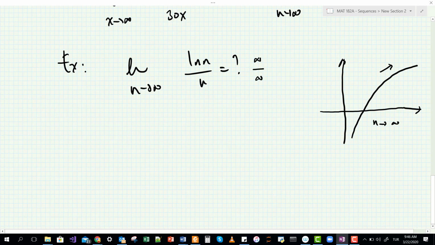As you see, I have a similar situation as in the previous example. Infinite over infinite, I don't know what it is. That's why I can't use the main limit theorem directly. I need to use the L'Hopital rule if I can. To do that, I'm going to choose a function, which is ln x over x, and I'm going to work on this one instead of my sequence.